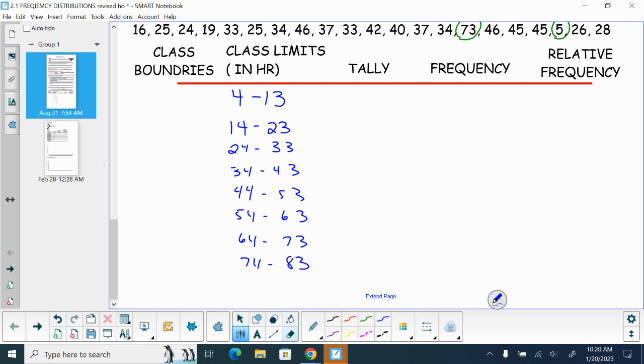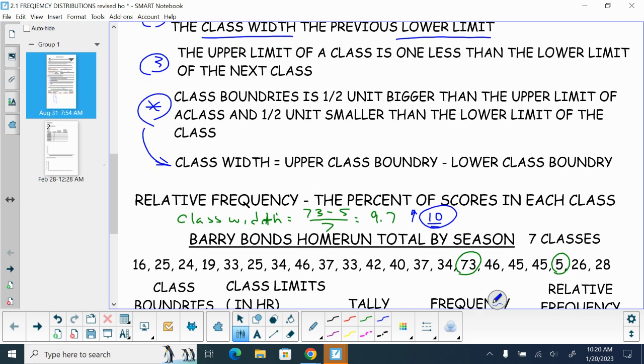And once again, that's a confusing thing for students because they go, well, 13 minus 4 is 9. Yeah, you're correct. But 4 is an element that could be there. Now, the class boundaries are a half unit bigger than the upper limit and a half unit smaller than the lower limit.